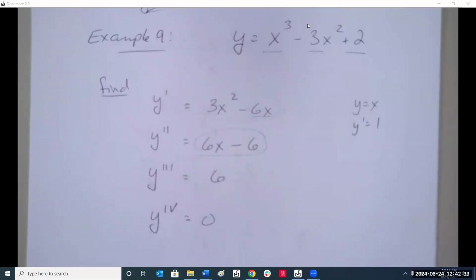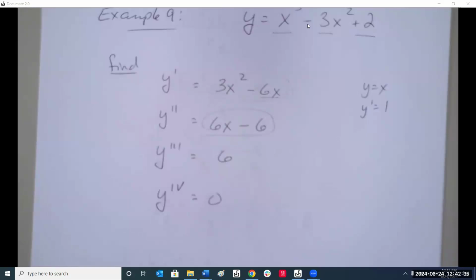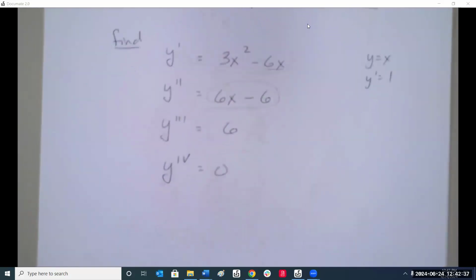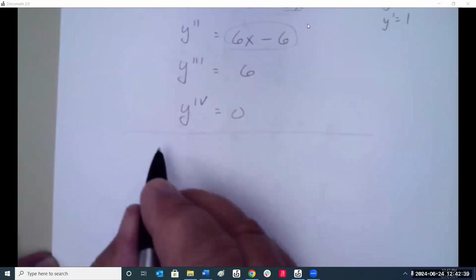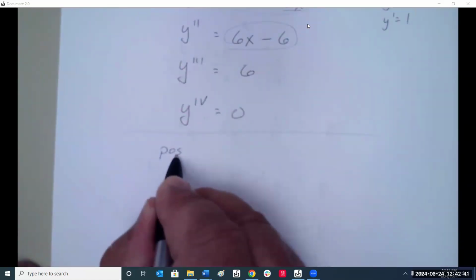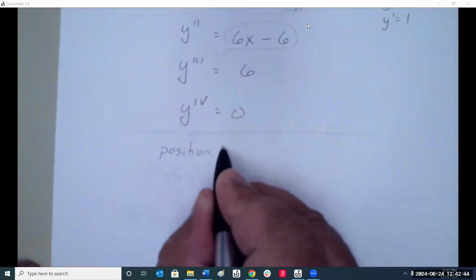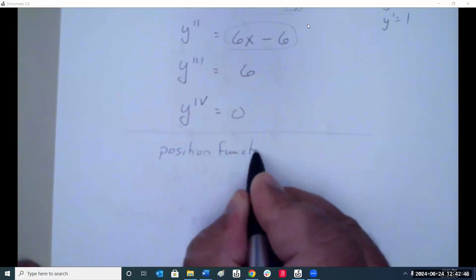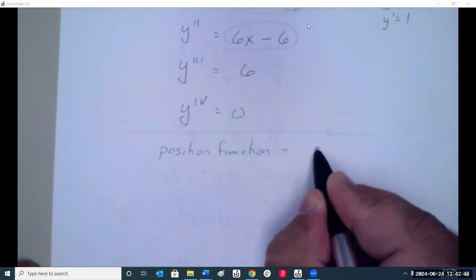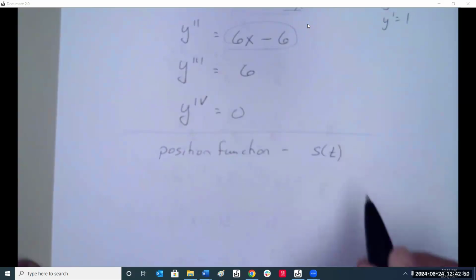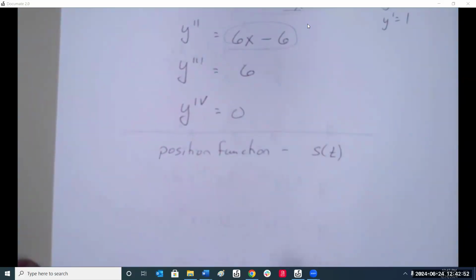A good question. The question was, what is the point of finding higher order derivatives? In physics, the position function is denoted by s of t. That's the position you are anywhere in space and time.